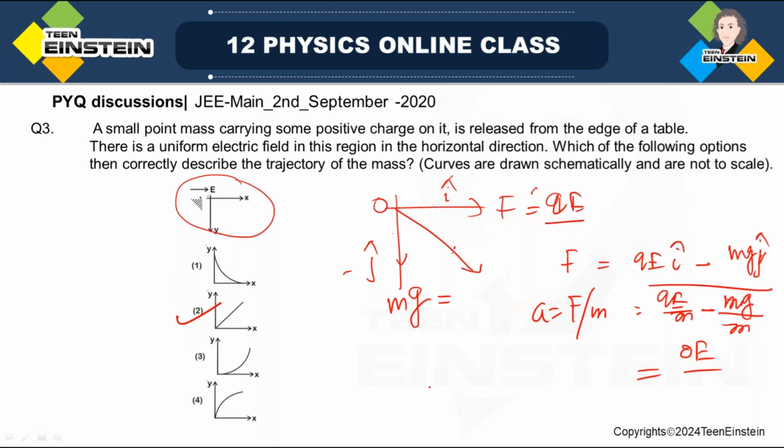See, whenever there is a constant acceleration of the body, you must be thinking that it can have either a straight line or a parabolic trajectory.